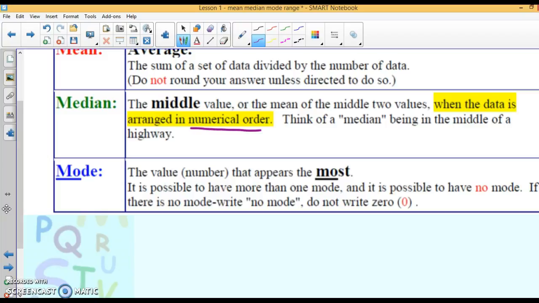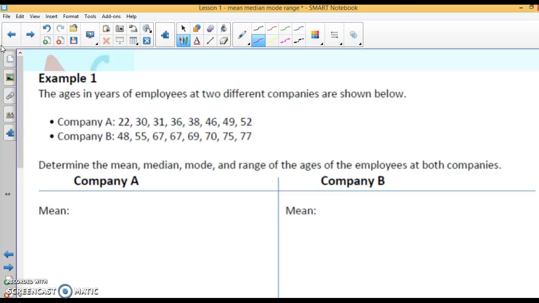So if every number appears just once, you're going to say no mode. But if you've got two numbers that appear twice, then there's two modes. When you say no mode, do not write 0, because 0 is a number. You can't just say the mode is 0. The mode is only 0 if 0 appears the most.